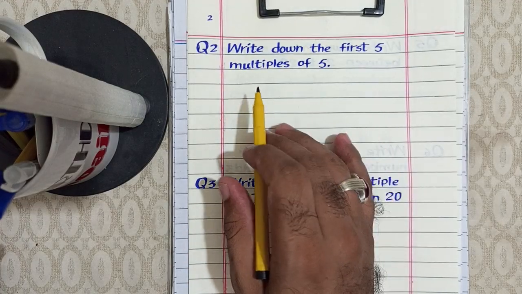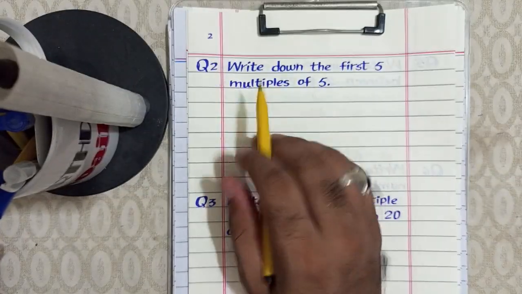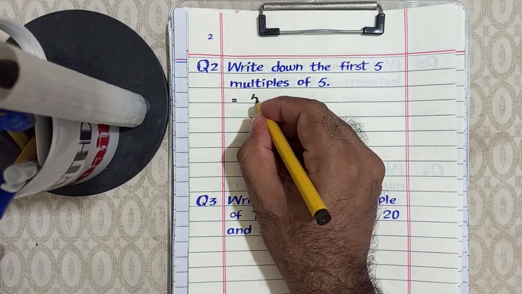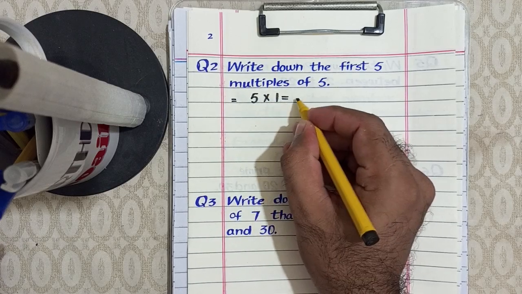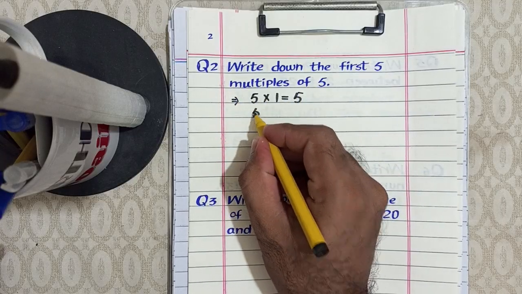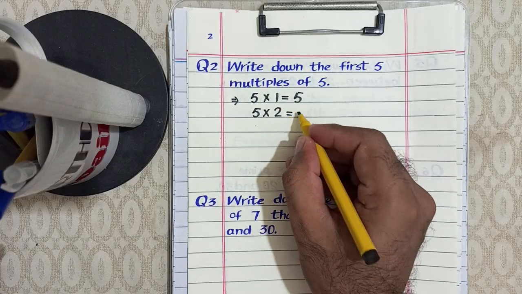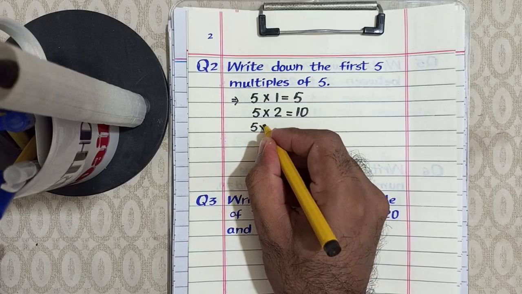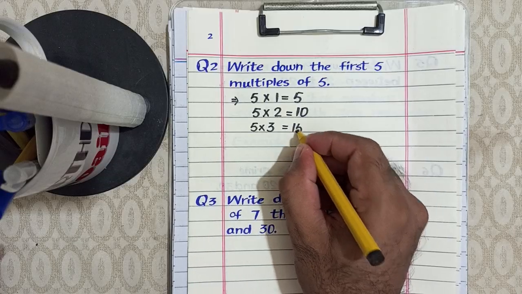Now our next question: write down the first 5 multiples of 5. So we multiply 5 with 1, 5 times 1 is 5. Now our second multiple of 5: 5 multiply with 2, so our answer is 10. 5 multiply with 3, our answer is 15.